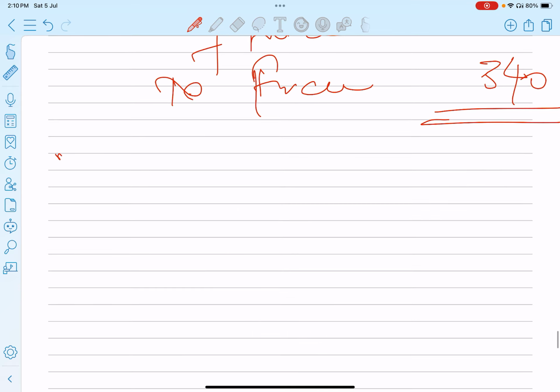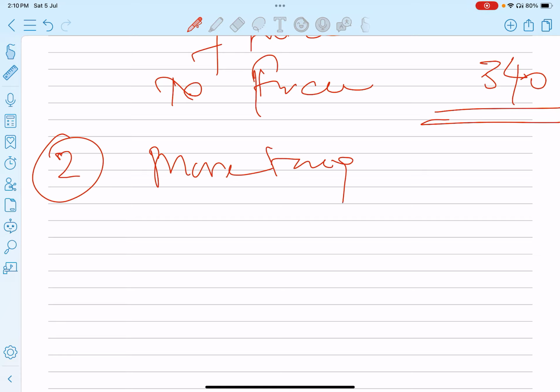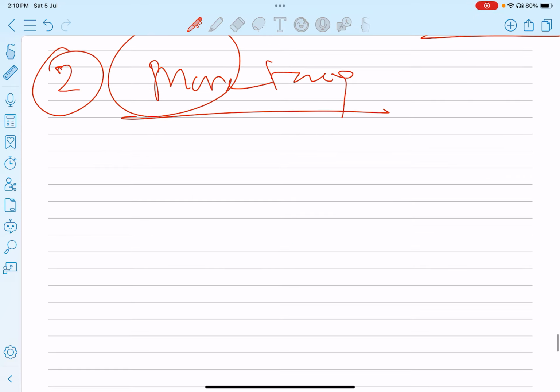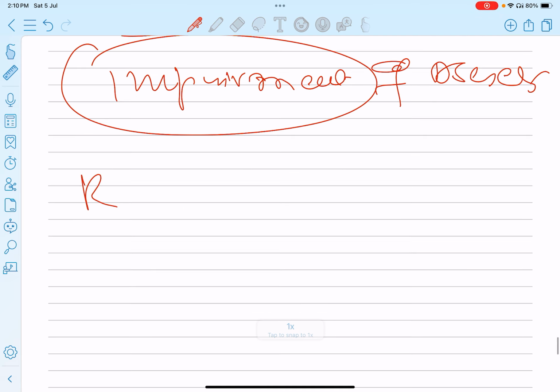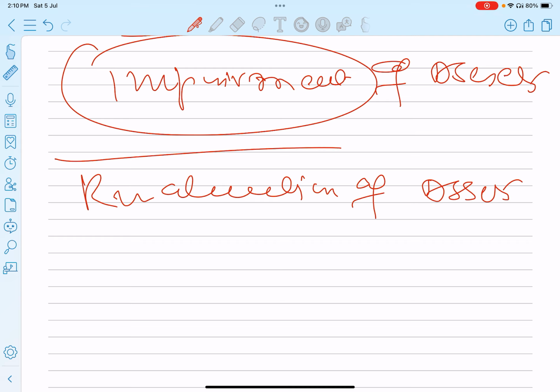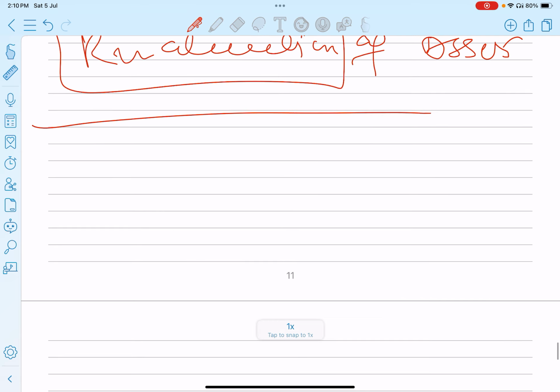Then we have two more things. First, impairment of assets, and then revaluation of assets. So these two we can discuss in a later stage.